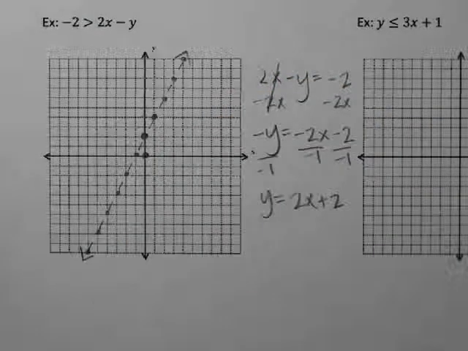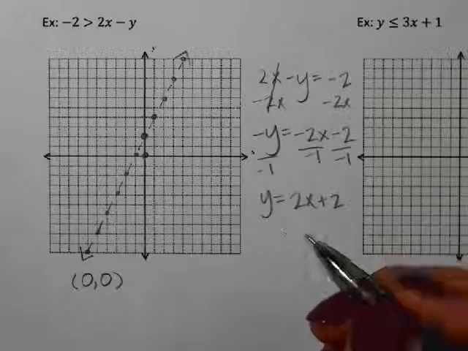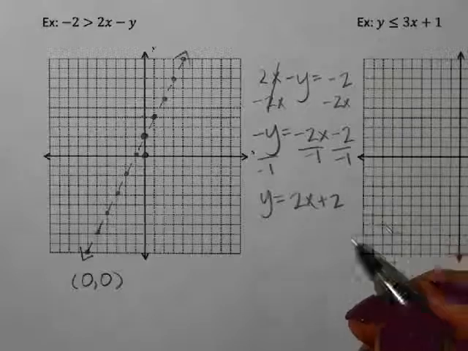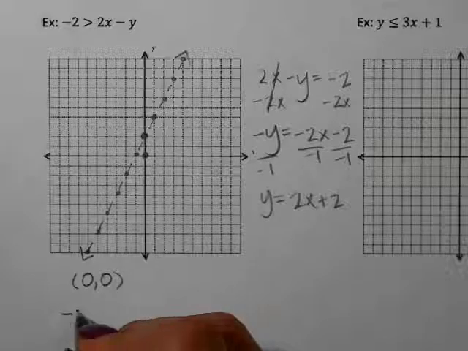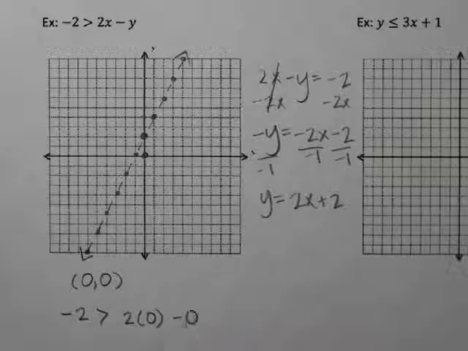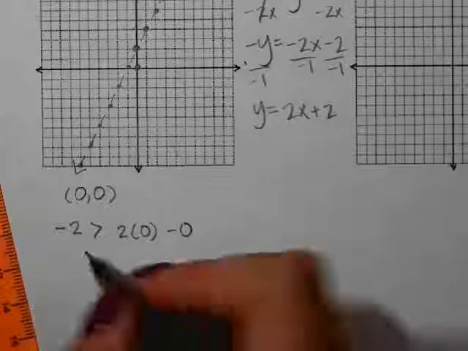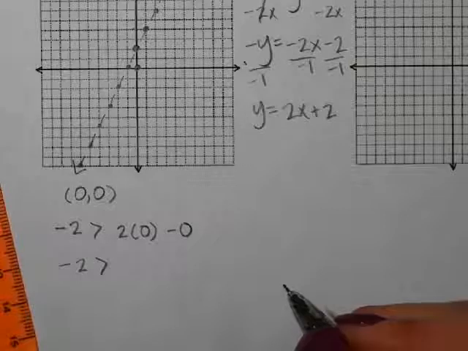Right? Okay. So on your notes, go ahead and write 0, 0. We are going to take 0 and plug it in for X and take 0 and plug it in for Y, and we're going to see what happens. Okay? So negative 2 is greater than 2 times 0 minus 0. And so now I've got negative 2 is greater than 0.